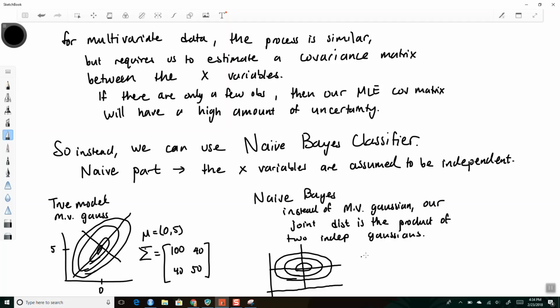And over here, if we were to calculate a sigma matrix, which is unnecessary because this is just a product of Gaussians, but if we were, we would have zeros here and here. Maybe we'd have 150 here also, but we'd have zeros. That's the naive part. We're going to say, let's forget trying to estimate the covariance.